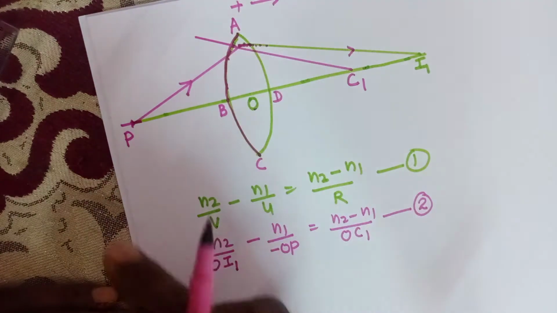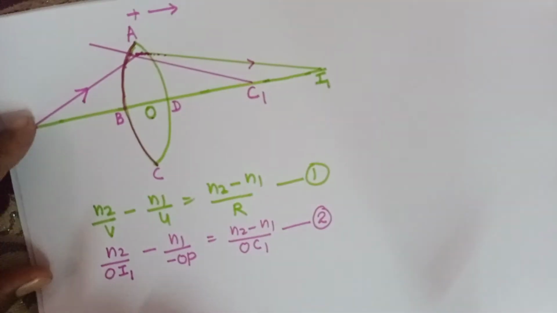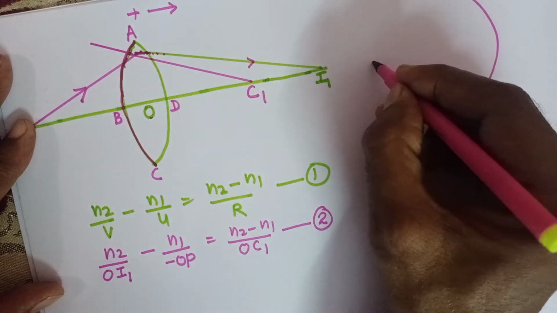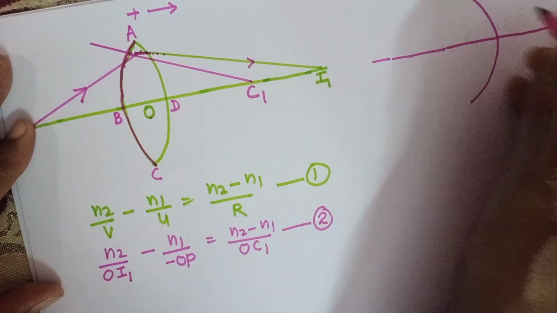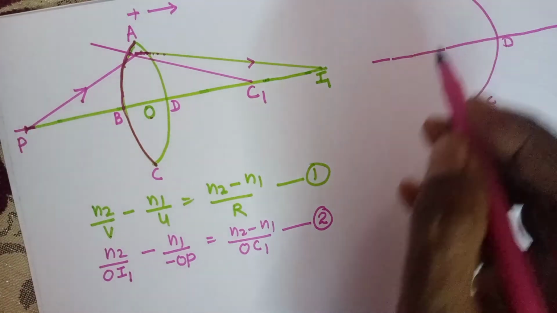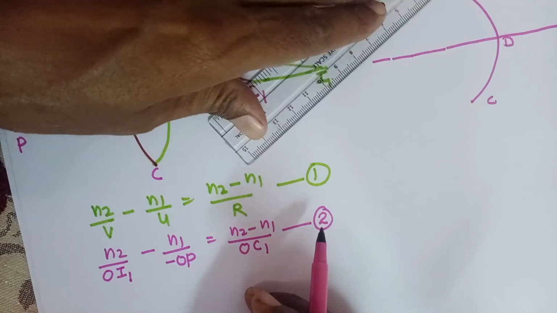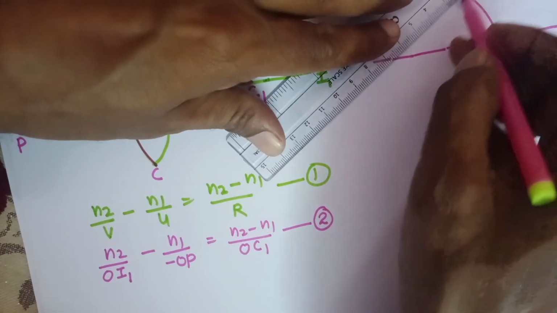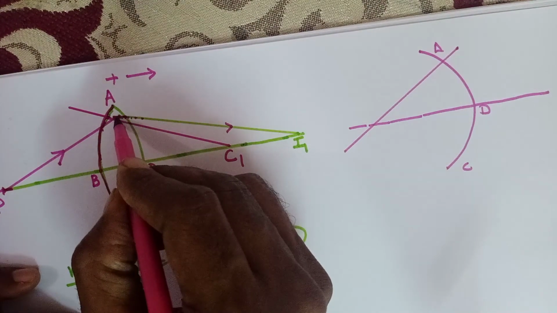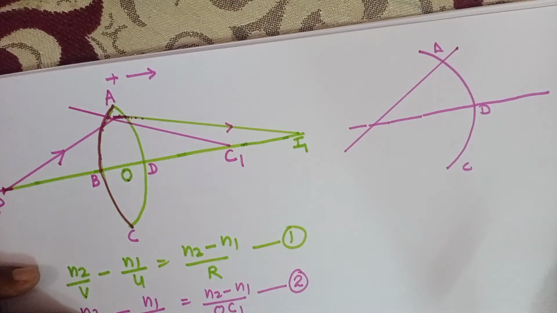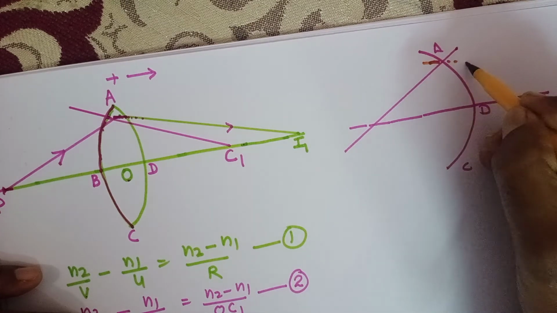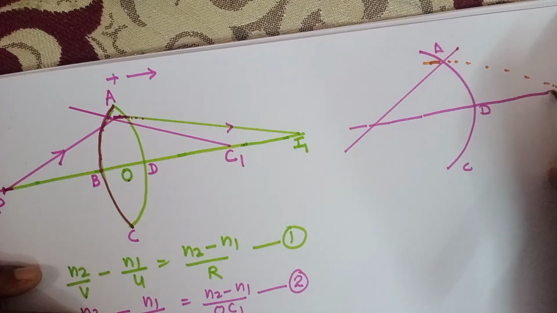Now if we consider the refraction from the ADC surface also, this will be the normal, and this ray has already formed the image at this point.